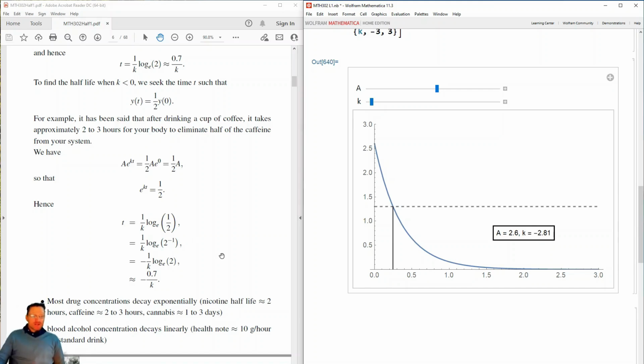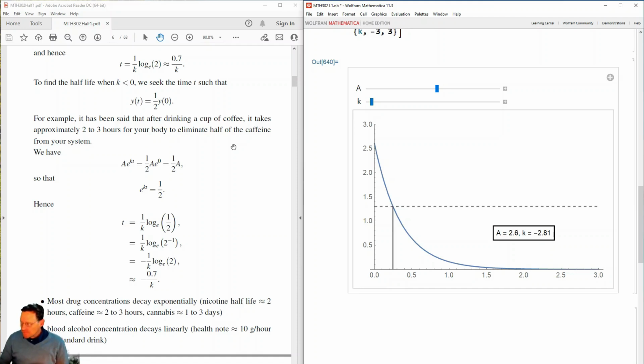All right, so for example, it has been said that after drinking a cup of coffee, it takes about 2 or 3 hours for your body to eliminate half of the caffeine from your system. So think about this. If you get up in the morning and have a cup of coffee, you really don't want to have that too late in the day because you want sufficient time to elapse that you have virtually 0 caffeine in your system before you go to bed again, right? So let's suppose the half-life is 3 hours.